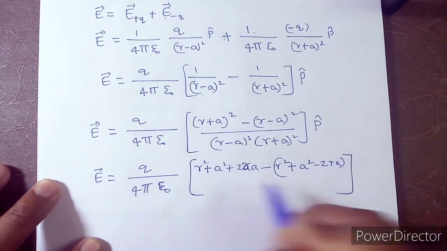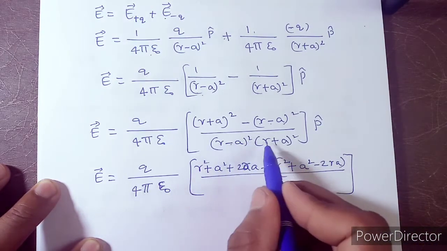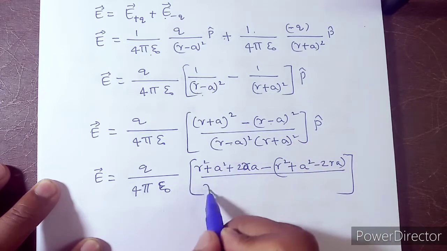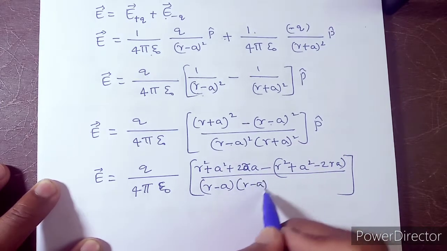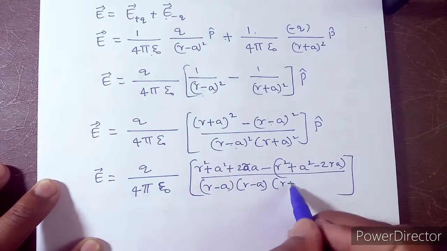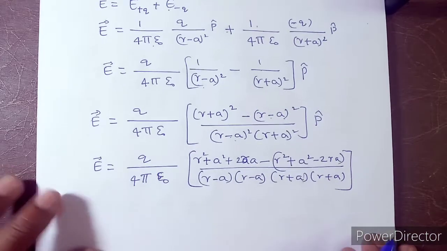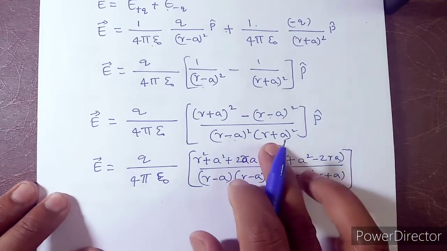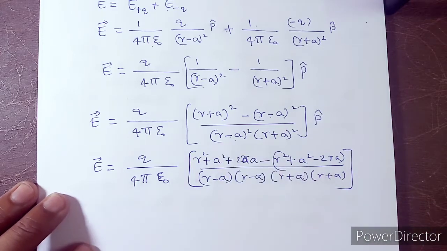Divided by (R minus A) whole square into (R plus A) whole square. So I can write that one like this: (R minus A) into (R minus A) first term, then second term (R plus A) into (R plus A). So (R plus A) into (R plus A) is (R plus A) whole square, (R minus A) into (R minus A) is (R minus A) whole square.